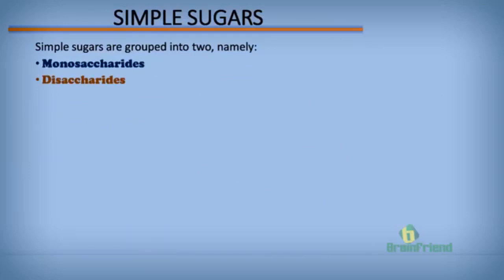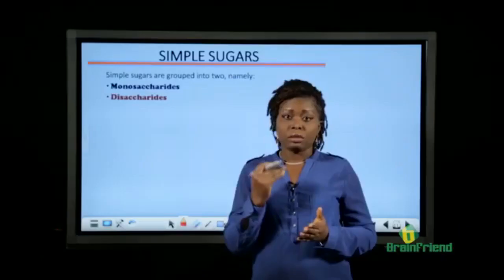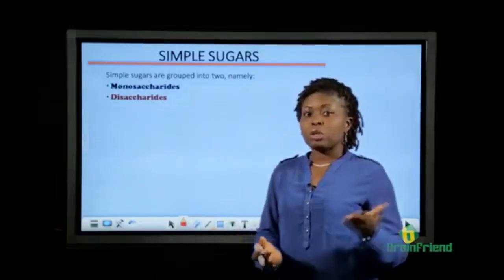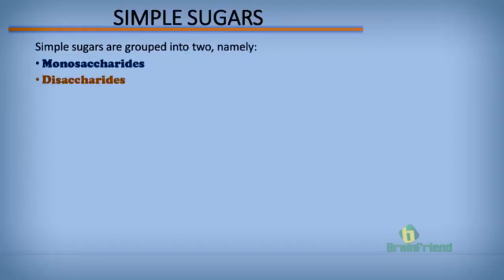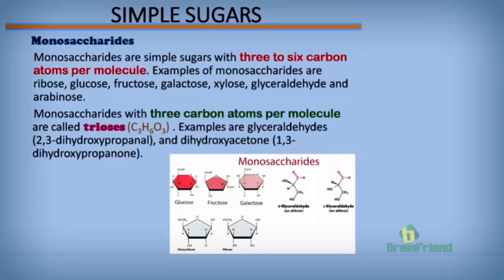Now, we mentioned earlier that simple sugars are further divided into monosaccharides and disaccharides. We are going to quickly take a look at these two types of simple sugars. Monosaccharides. Monosaccharides are simple sugars with 3 to 6 carbon atoms per molecule.